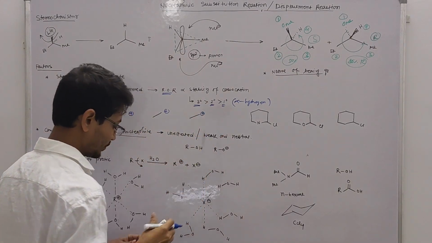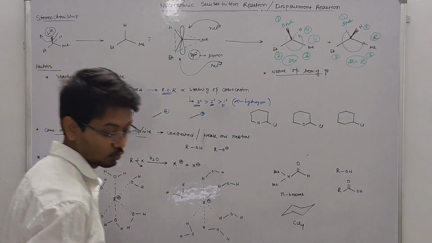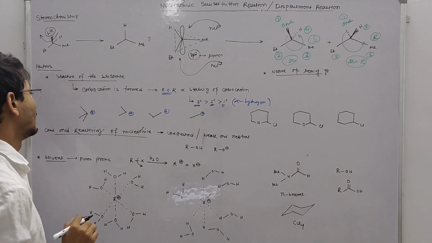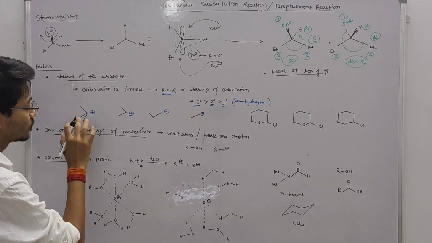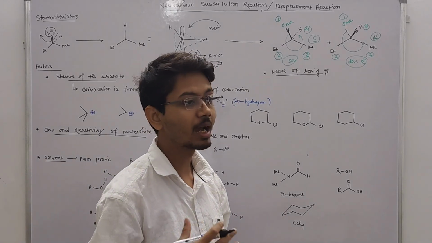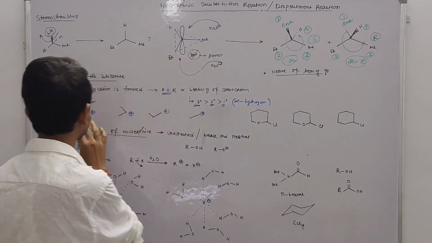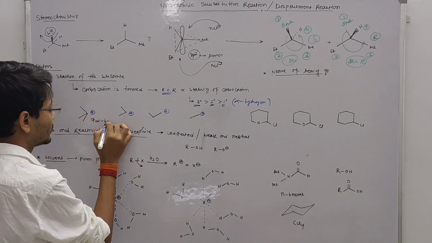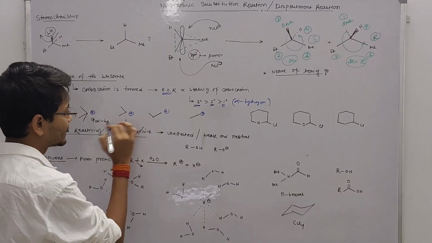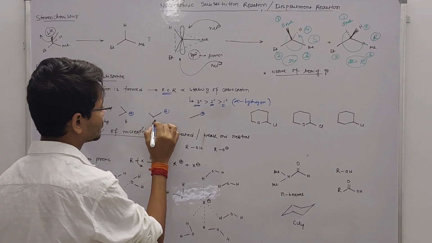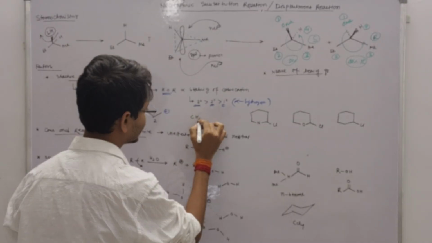One methyl group is there. So you have to count the alpha hydrogens, that is, how many hyperconjugation structures are there. 3, 3, 6 and 3, 9. So 9 alpha hydrogens are there. Here 3, 3, 6 alpha hydrogens. Here only 2 alpha hydrogens are there.